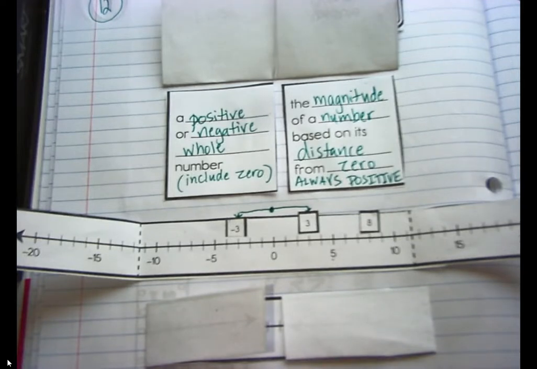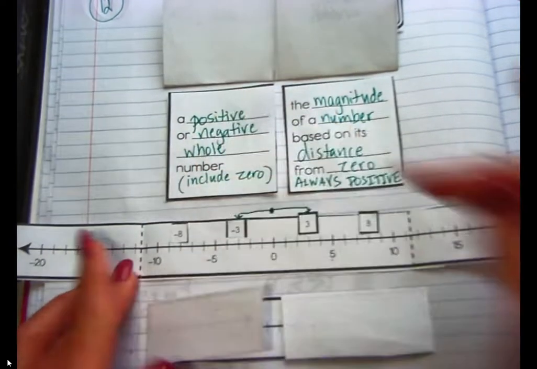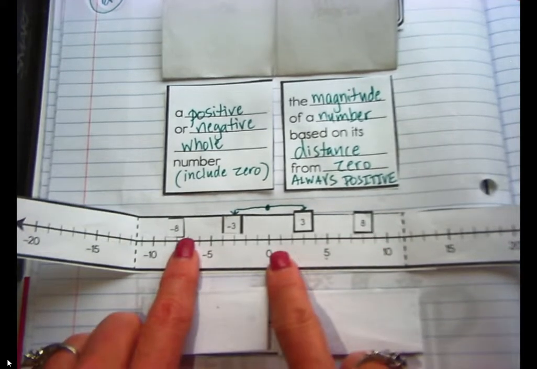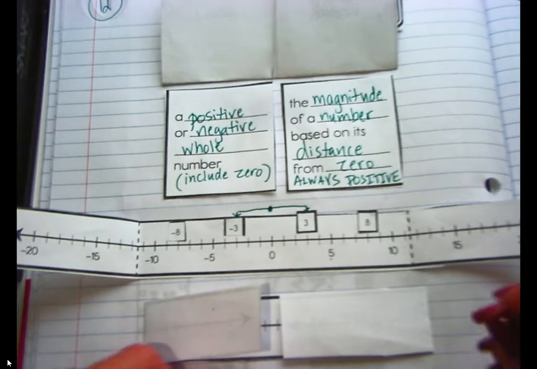They're opposites, but they have the same what? Value. What kind of value? They don't have the same value. They have the same absolute value. So I'm going to place a -8 there. They have the same absolute value. They have the same distance from 0. Okay, now we're going to go with negative and positive 15.